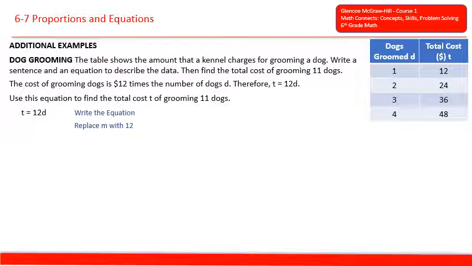Replace D with 11. So we get total cost equals $12 times 11 dogs. Multiply. T equals $132. Total cost for grooming 11 dogs is $132.